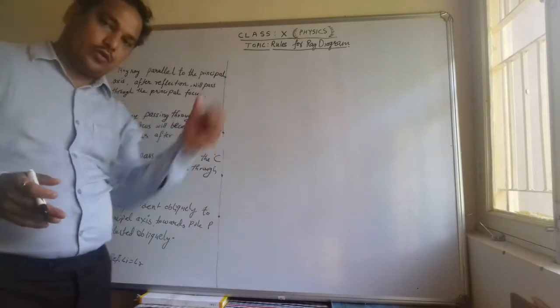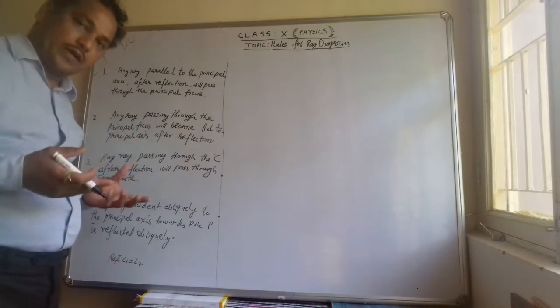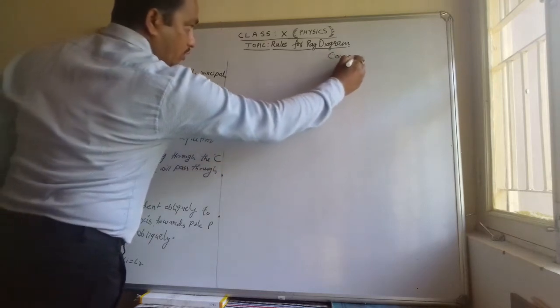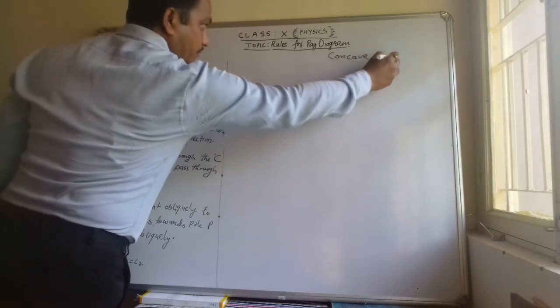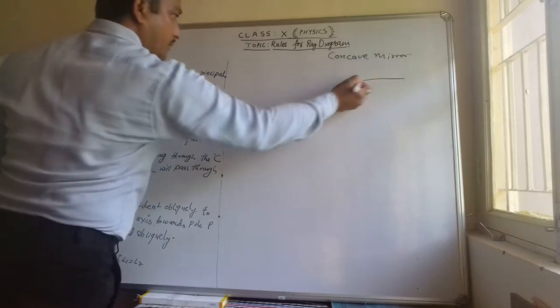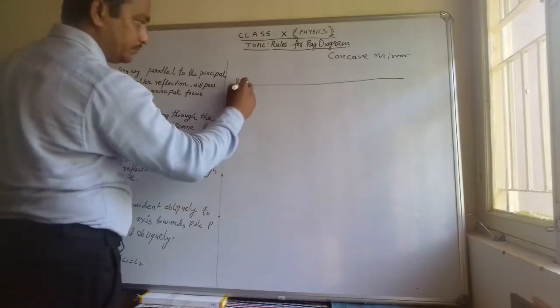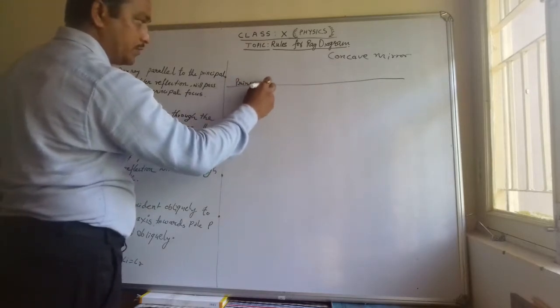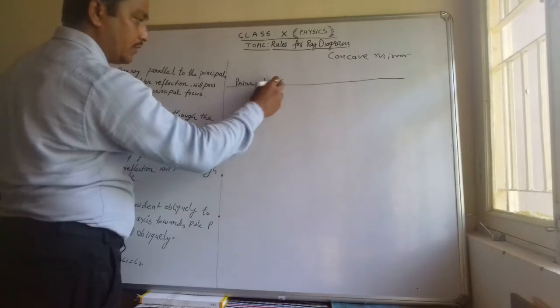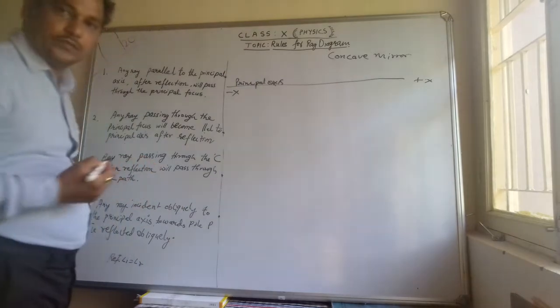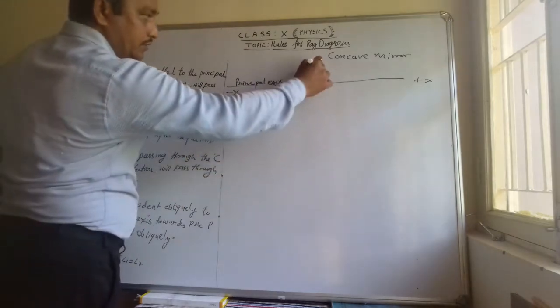First of all, we will see the concave mirror; the same rules apply to the convex mirror also. For example, this is the principal axis, this is the negative x-axis and positive x-axis, and this is the mirror.